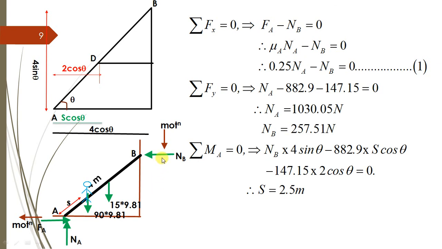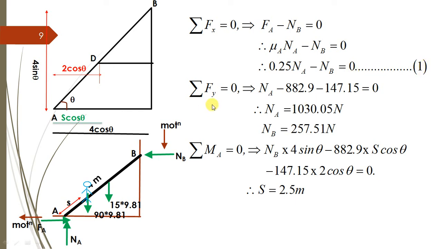What are the forces in x direction? NB and FA. So FA minus NB is equal to 0. Why minus? Because NB is towards left, towards right is positive. So FA is equal to NB. So mu A into NA is equal to NB. Substituting the value of mu A equal to 0.25, 0.25 NA minus NB is equal to 0. Let's call this equation number 1.